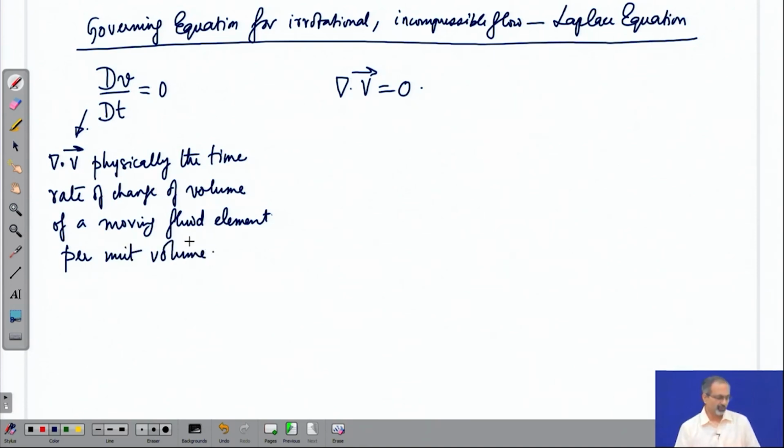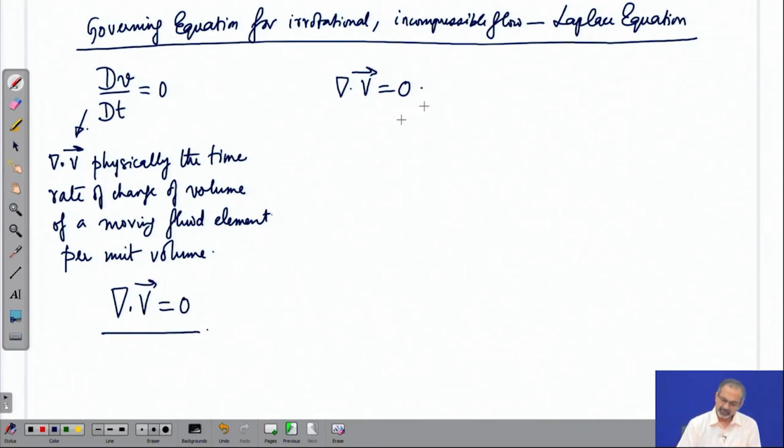And since the volume of the fluid element is not changing, because any pressure changes are not accompanied by density changes, therefore, we have the condition of divergence V equal to 0 in this case.